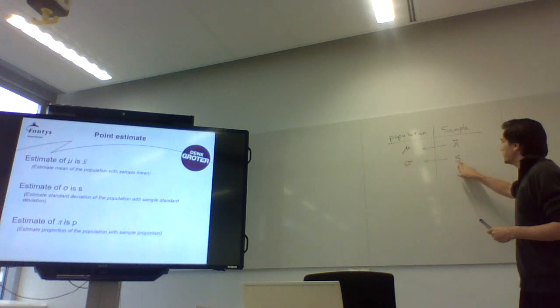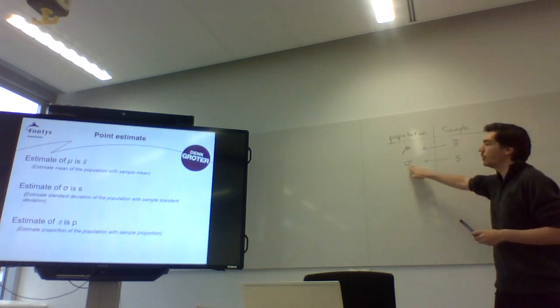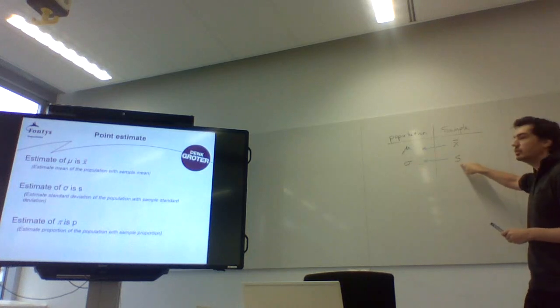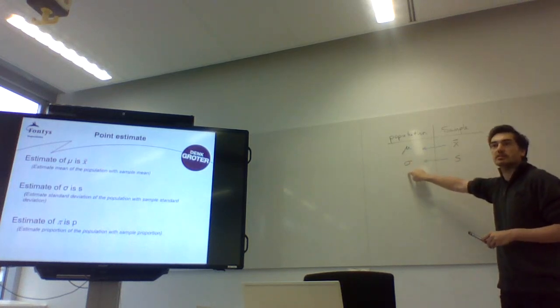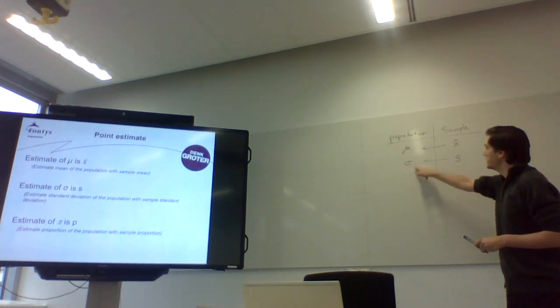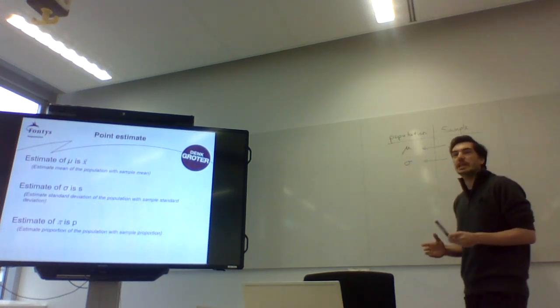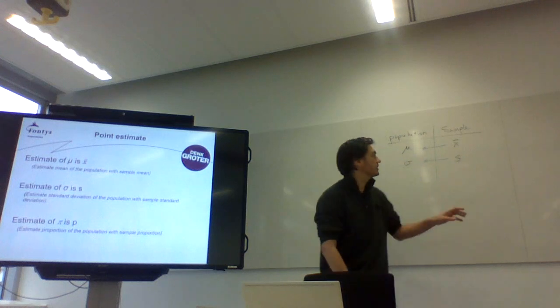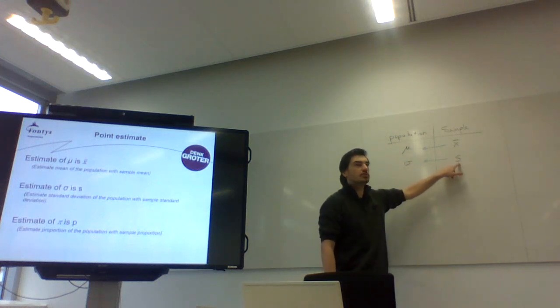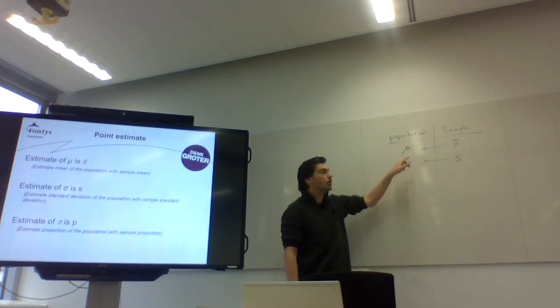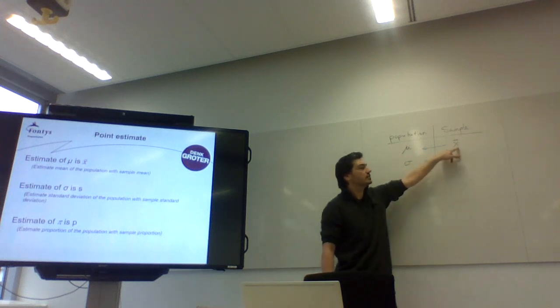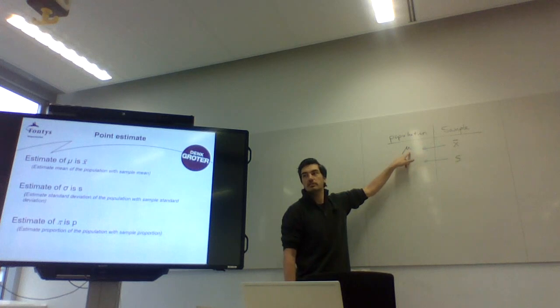Because we can use either the sample standard deviation or the population standard deviation for this, we usually don't use the sample standard deviation to estimate the population standard deviation. This estimation doesn't really happen that often, because we can either have this and use this in combination with this to estimate this, or we have this and use them together to estimate this.